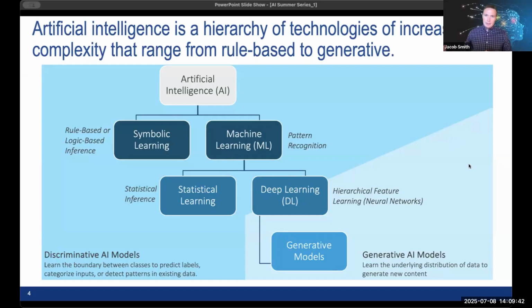But the other type of machine learning that we'll discuss today is actually the one that's even more complex than that traditional machine learning. And deep learning, at its core, the reason it's different from machine learning is it uses what's called a neural network.